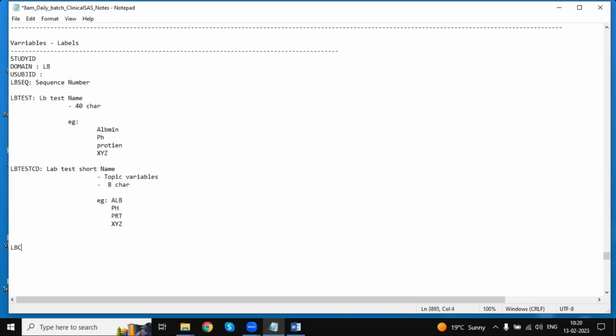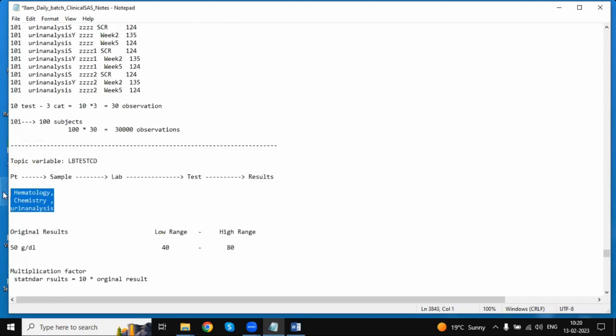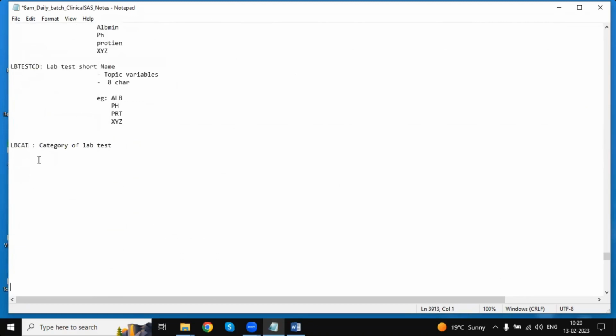LB category. Tell me what categories you are capturing? There are only 3 categories of lab tests. That is very important. Only these 3 categories: hematology, clinical chemistry, urine analysis. Under these categories only tests will be done. Under each category, you will have different test names and test codes.